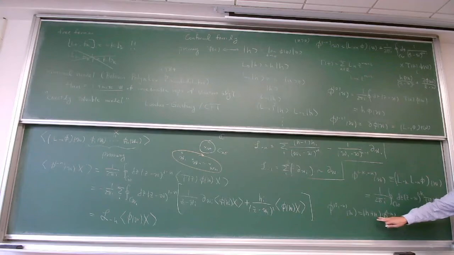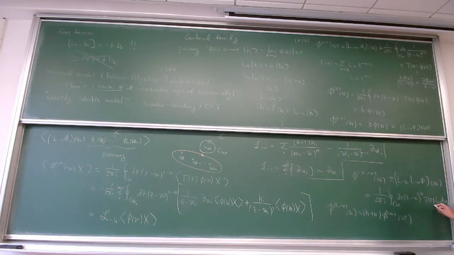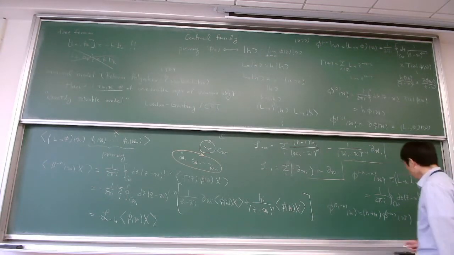h plus n is the level because when k equals 0, this OPE always has a singular term plus h times L_{-n} phi of w over (z minus w) squared, and so on.